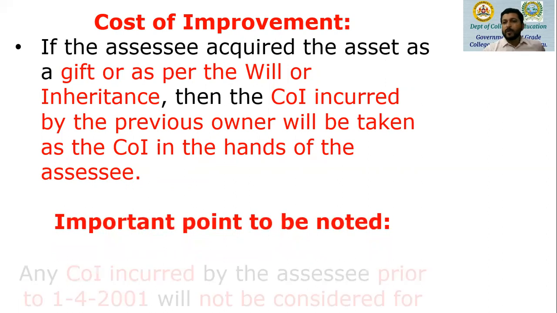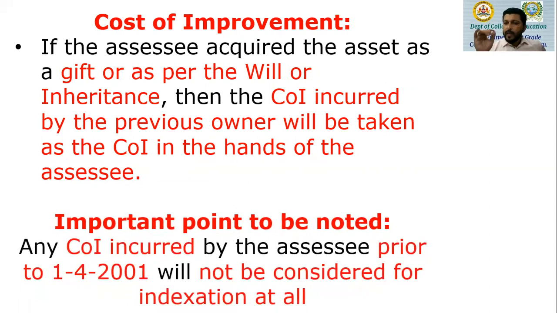And last is the important point which I just mentioned. Any cost of improvement incurred by the SSE before 1st April 2001, that is the base year for CII, before 1st April 2001, any cost of improvement incurred, that will not be considered for indexation at all. Cost of acquisition before 1st April 2001 will be compared with fair market value of that asset on 1st April 2001.